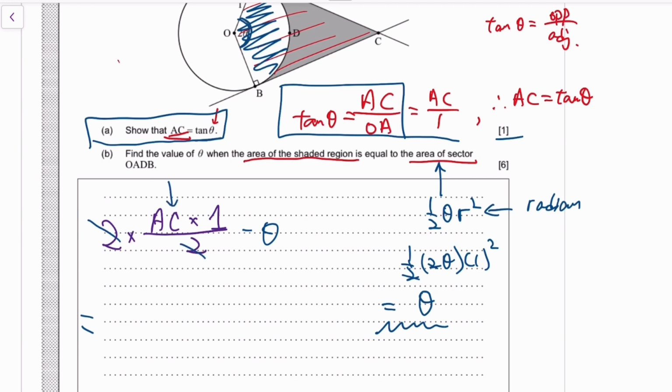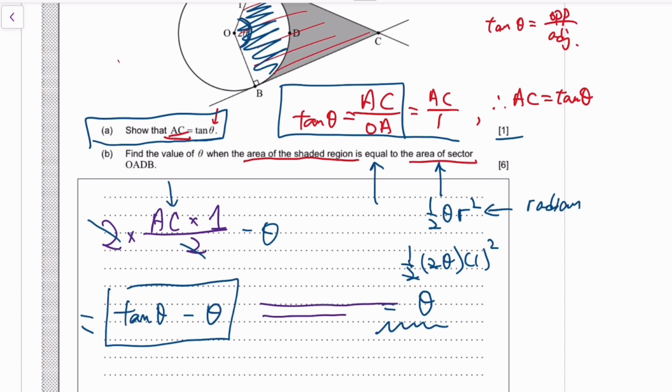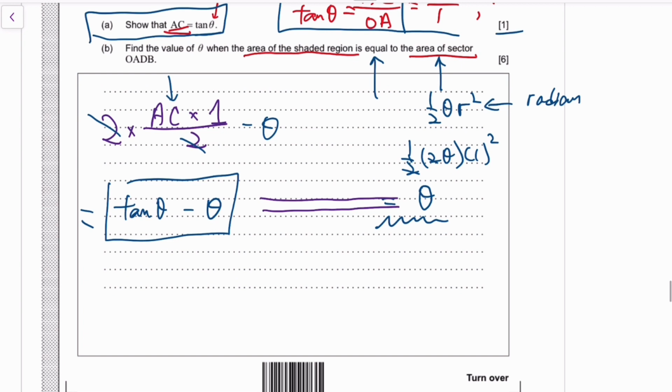AC turns out to be tangent theta, so it's tangent theta times 1 minus theta. This is the area of the shaded region. And according to the question, it would equal the area of the sector. So they're equal. The question is find theta. So you want tangent theta minus theta equals theta. So tangent theta equals 2 theta.